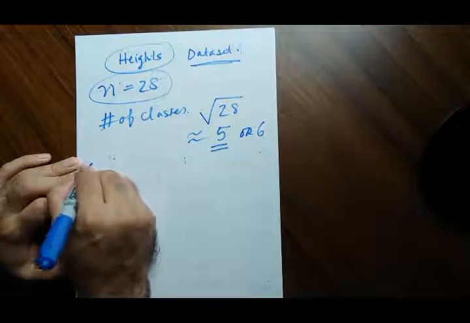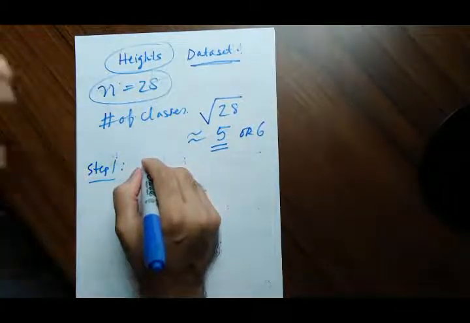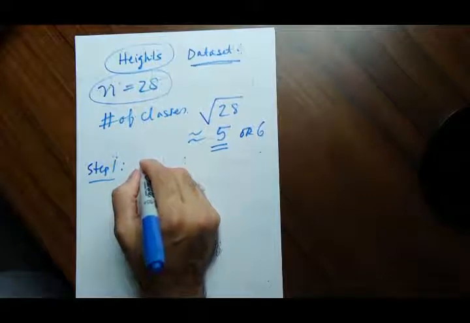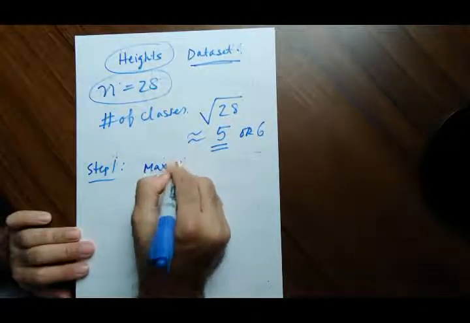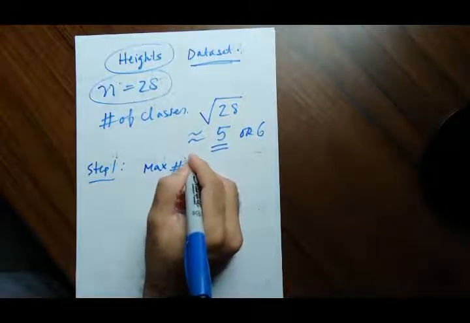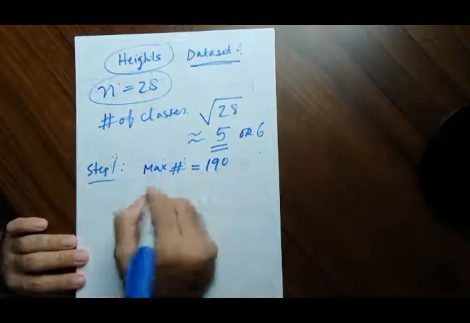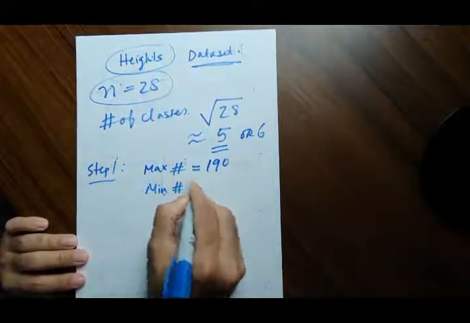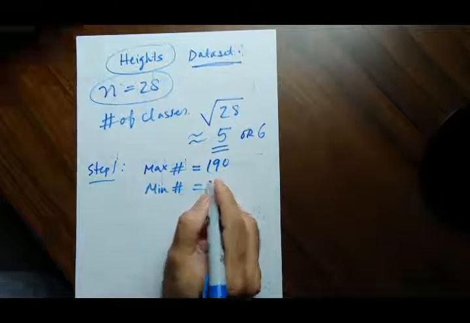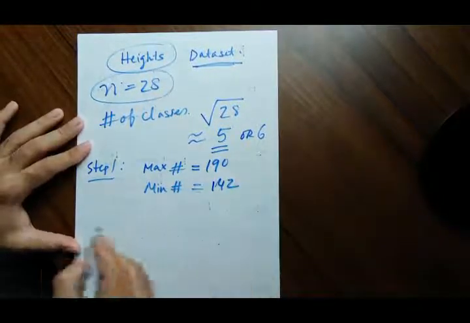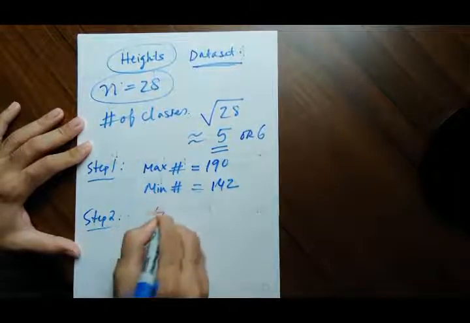Now again, if we follow step 1 there, we need to know what's the maximum number. So if you look at the data set that's given to you in Canvas, the maximum number is 190. The minimum number, that's 142. So number of classes, step 2, I already decided that'll be 5.